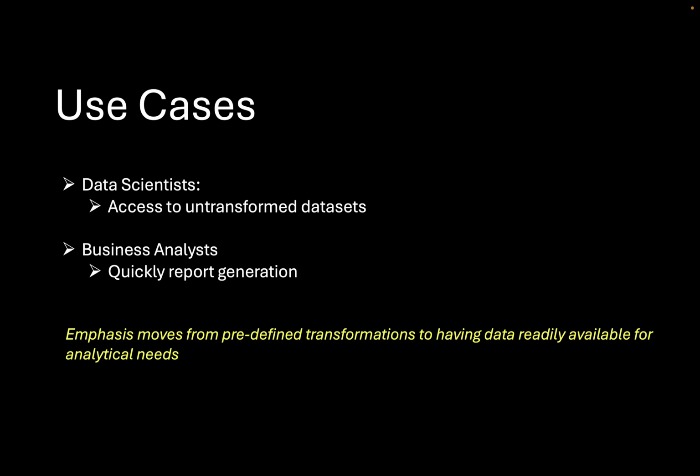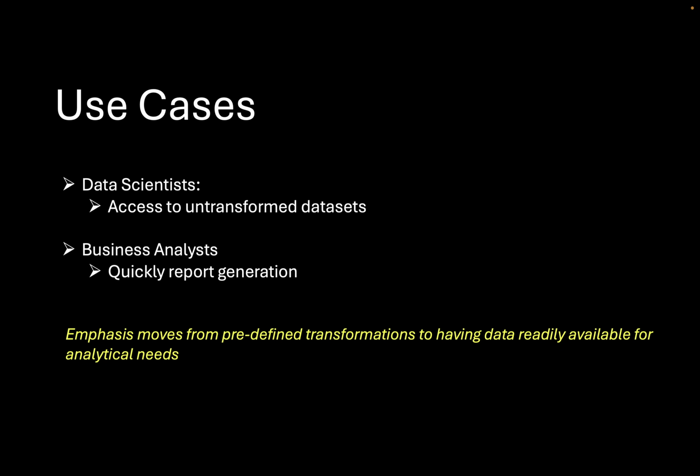So this paradigm shift empowers various teams. Data scientists can access complete and transformed datasets, allowing them to build more robust models. Business analysts can also quickly iterate on new reports by transforming data as needed, and the emphasis here moves from predefining all transformations to having data readily available for diverse analytical needs.